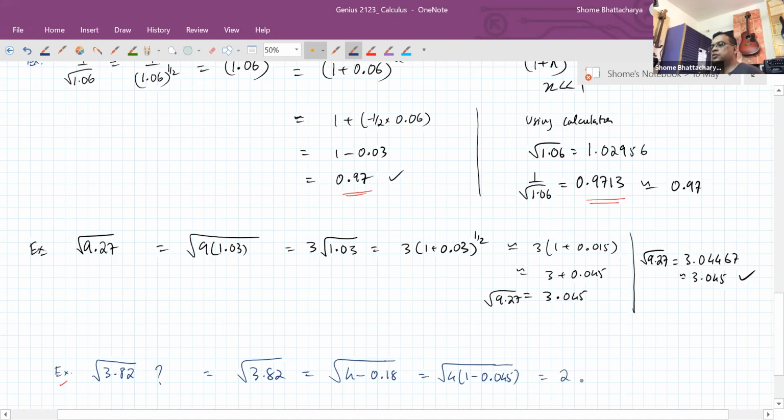So that is 2 into 1 minus 0.045 to the power half. So the minus sign makes no difference. You can just treat it like 1 plus x to the power n, where x's value is minus 0.045, whereas n's value is plus half.